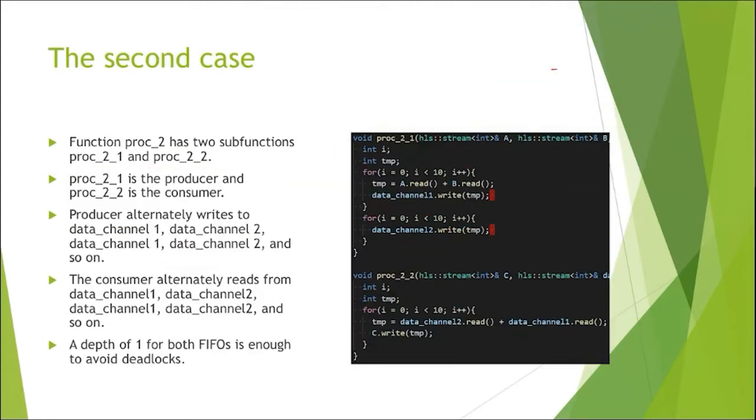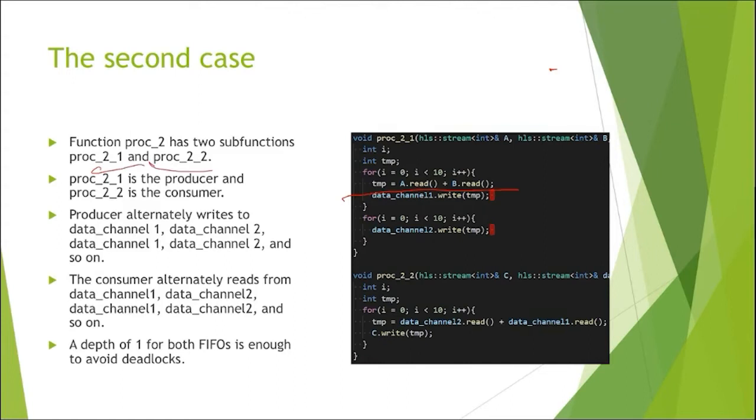Okay, so here's the second case. The functionality is the same. However, it reads and writes the data in a different order. Now it's proc21. The proc21 is the producer, and proc22 is the consumer.